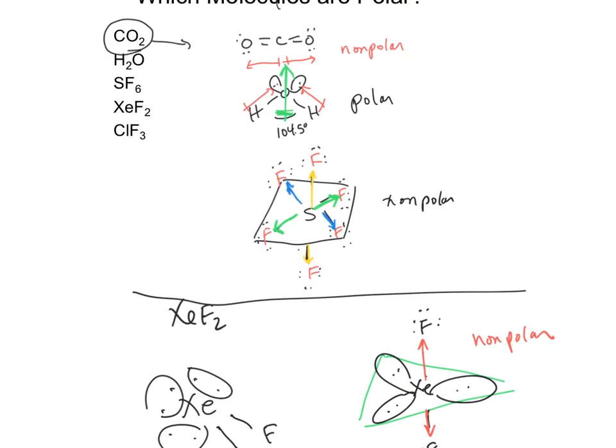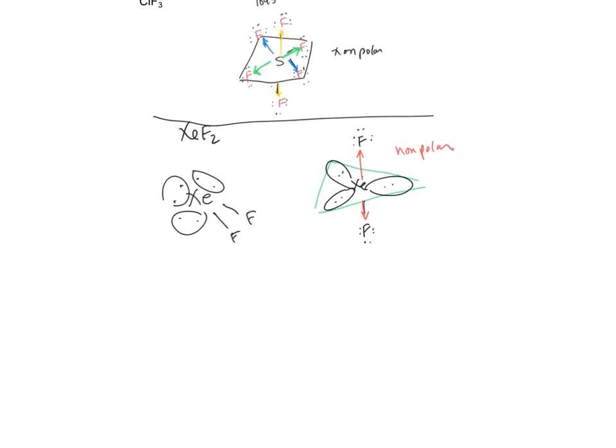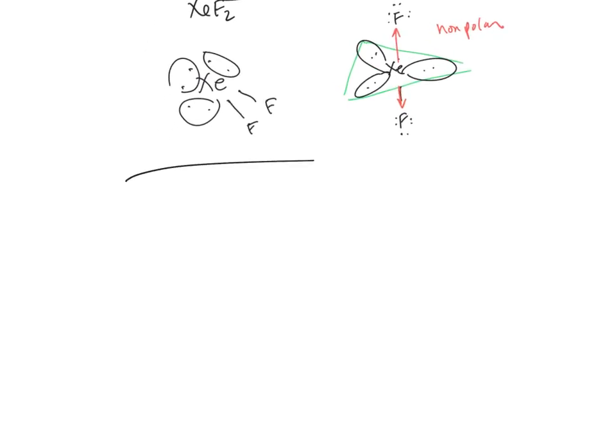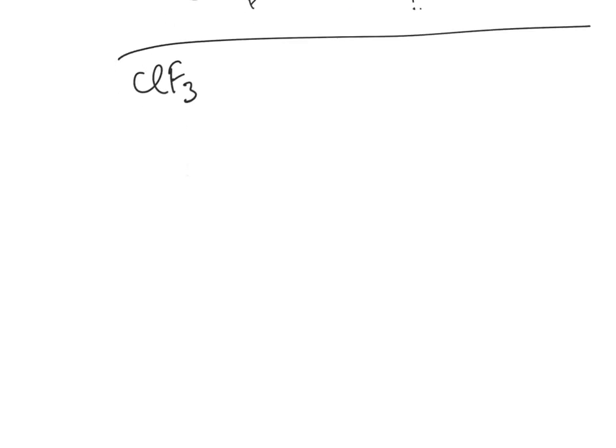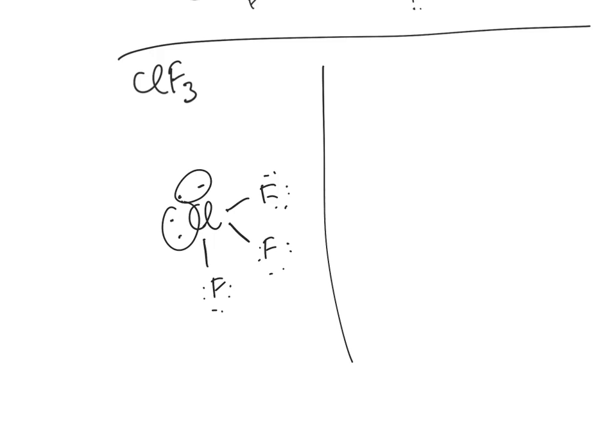And then the last one was ClF3. So this one, chlorine, 1, 2, 3, 4, 5, 6, 7. 3 bonds to fluorine, 2 lone pairs, okay, then again you're going to need your triangle.